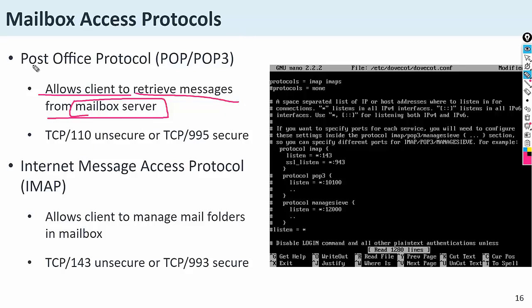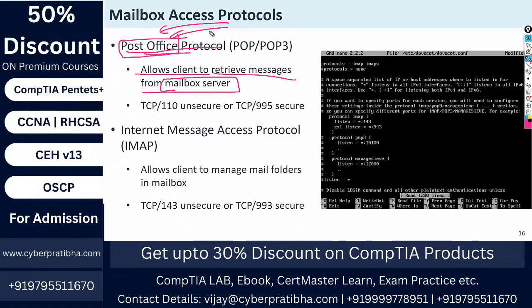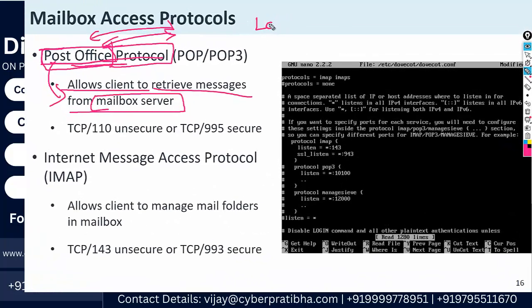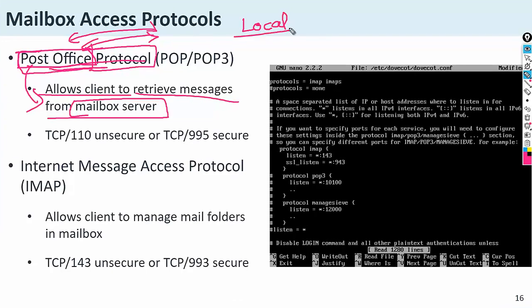Means POP, Post Office Protocol: as with the post office, all your chitti, your letters come to the post office, then they are delivered to your home. That is the work of the post office. Similarly, POP will work when you are using an email client on a local computer. So all the messages will be delivered on your local computer.